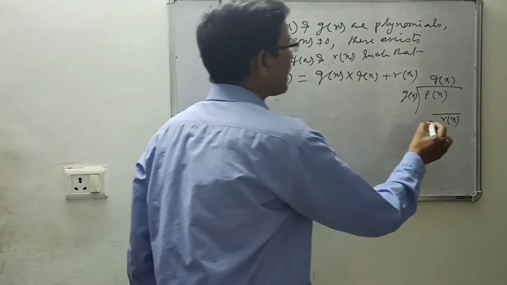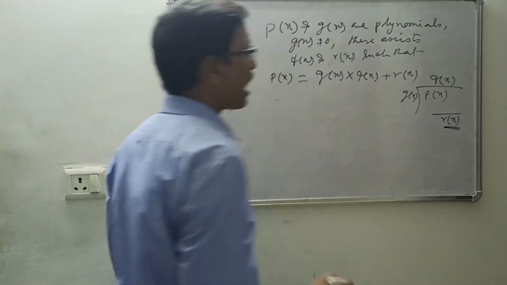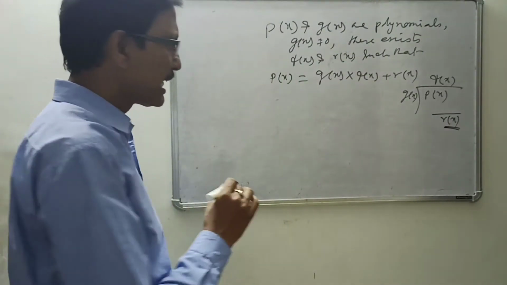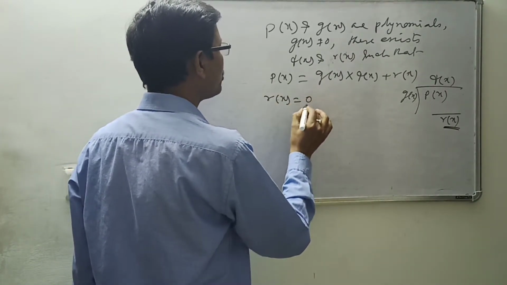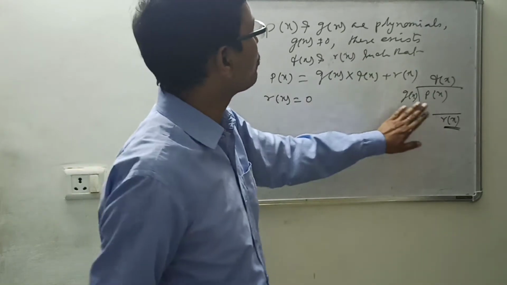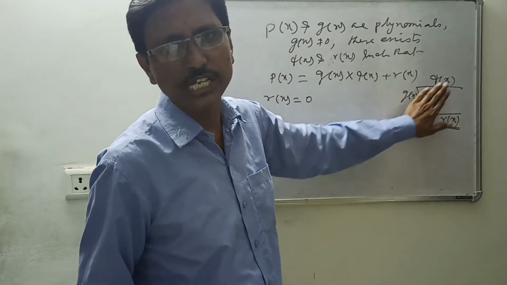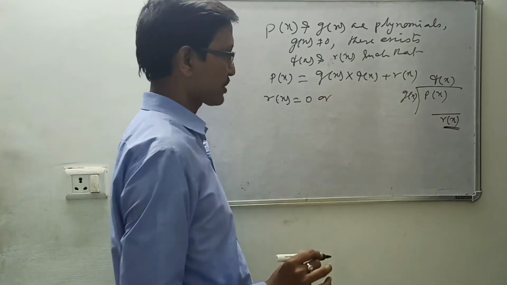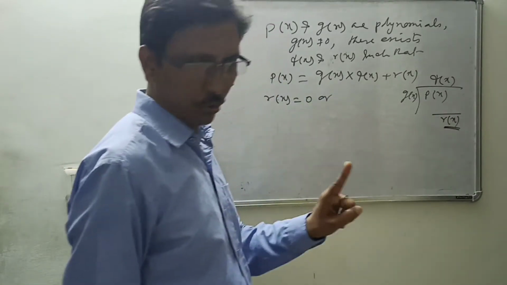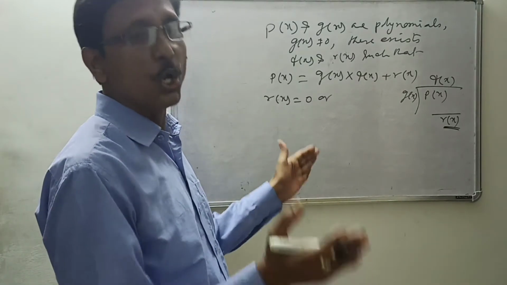Then what are the conditions for R(x)? R(x) can be 0. If it is 0, then it is completely divisible, or G(x) is a factor of it.